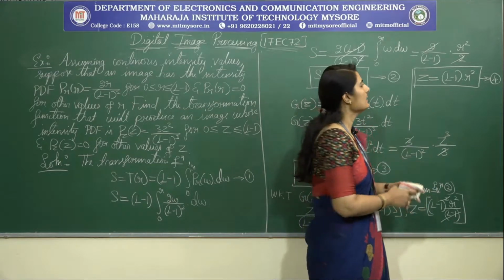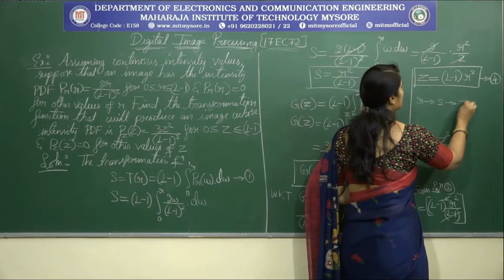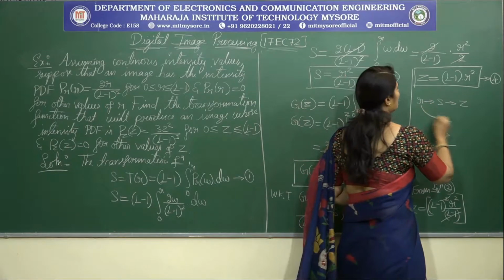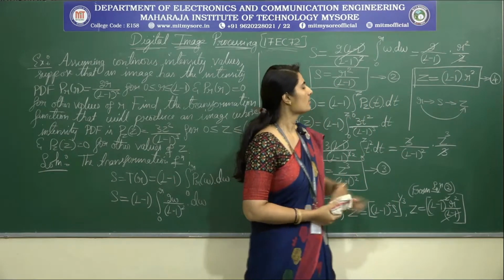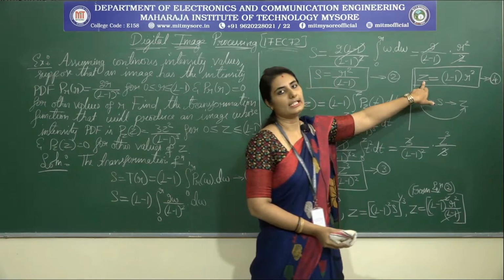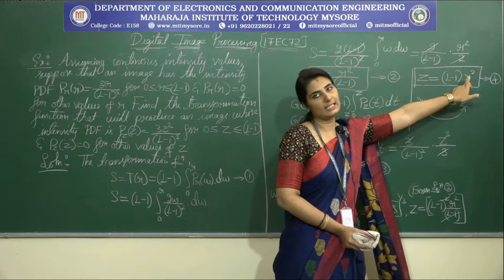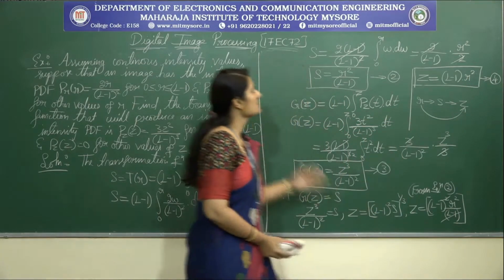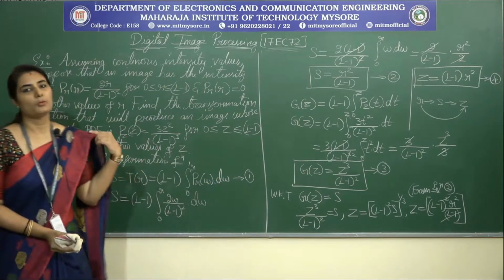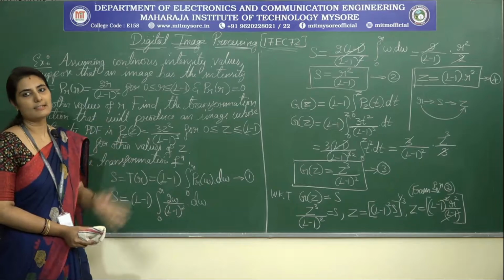R is first mapped to S and S is next mapped to Z. Therefore R is mapped to Z. So we can find out the intensity levels of the processed image by using the input image intensity level directly. Okay, so this is how you can solve a problem on histogram matching for continuous intensity values.